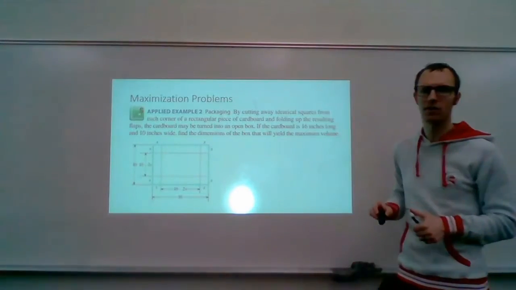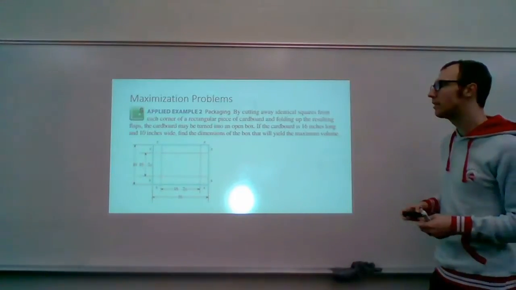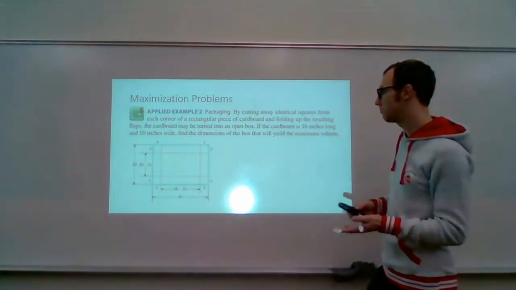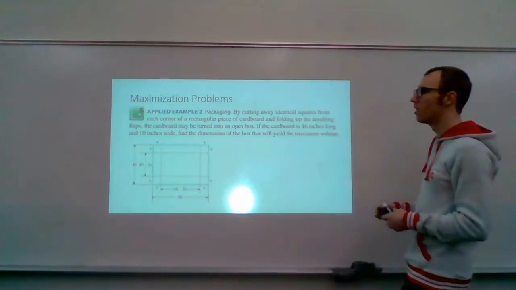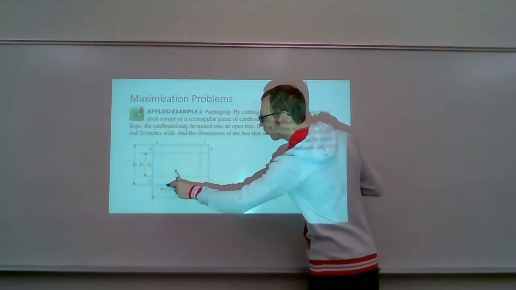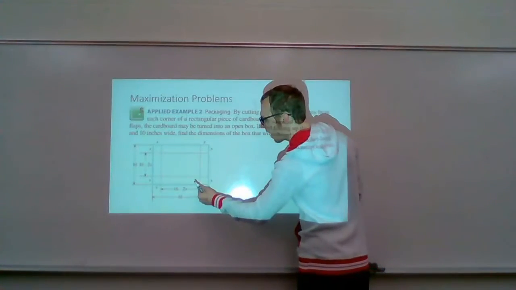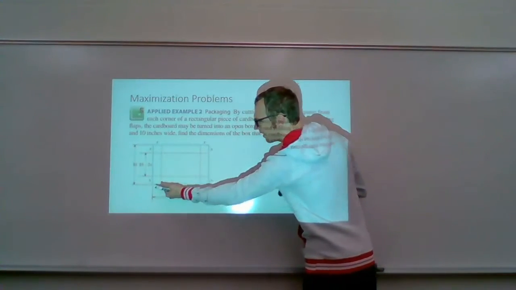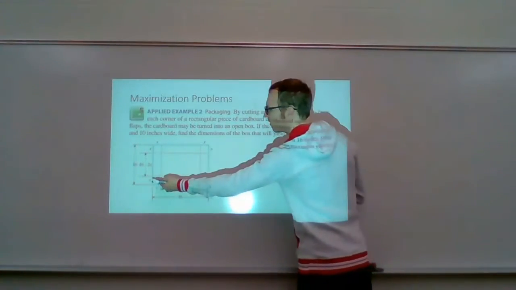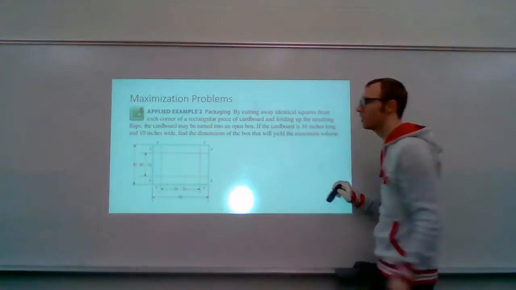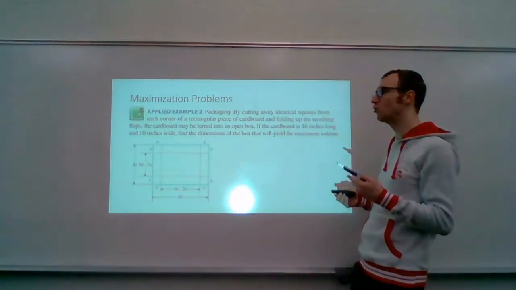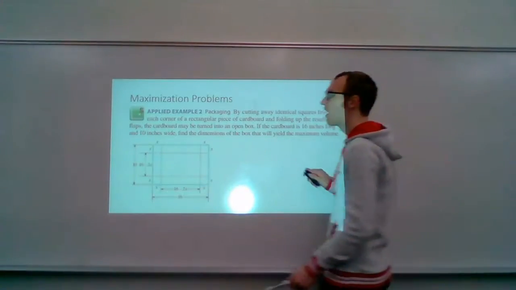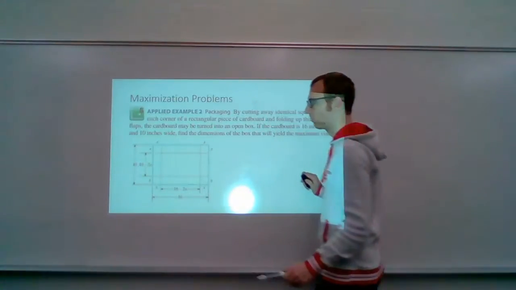Now, I don't know what x is, but I do know that I'm cutting it off of each corner. And so I've got 16 all the way across, but I cut off x here, I cut off x here. The result is that my new width is 16 minus 2x. I had 16, I cut off 2x. Likewise, I've got 10 minus 2x.